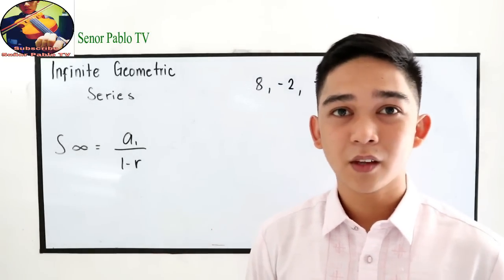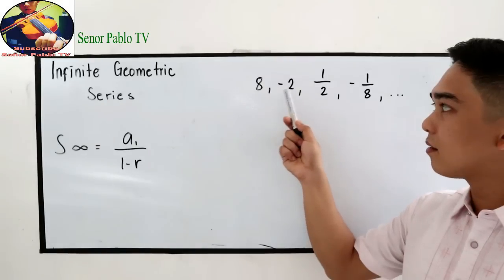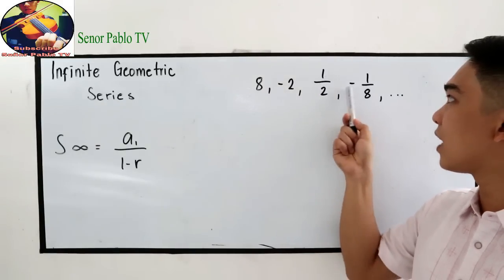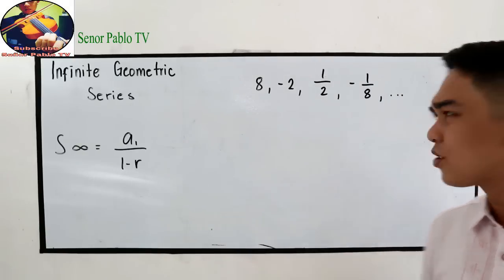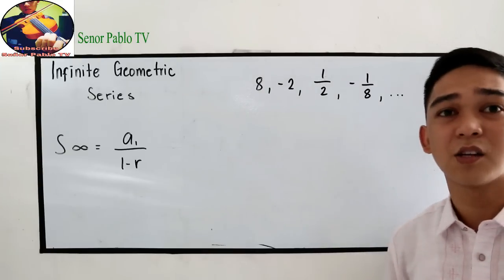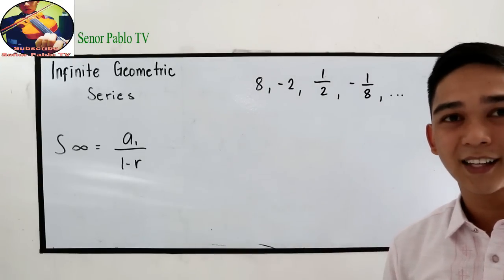Example tayo. What is the sum of the geometric sequence 8, negative 2, 1 half, negative 1 over 8, and the ellipsis sign? So, di natin alam kung hanggang saan ba yung sequence na iyan. So, gamitin natin yung ating formula.